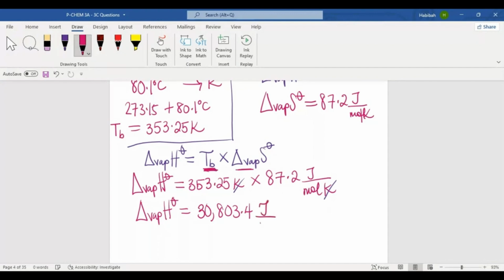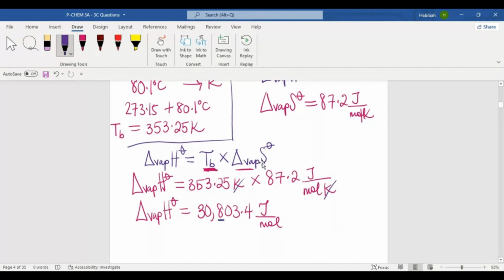So you may be looking at this question, and many times whenever you're dealing with enthalpy, you're always getting the answer either in joule per mole or kilojoules per mole, but majority of the time it's in kilojoules per mole. And if you look at this question, you can see how large the value is. So what I'm going to do now is to go from joule per mole to kilojoule per mole.